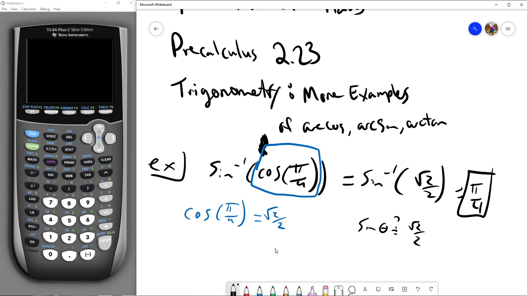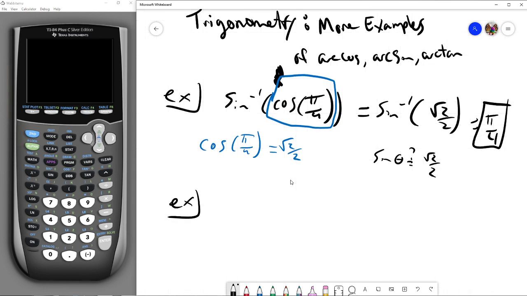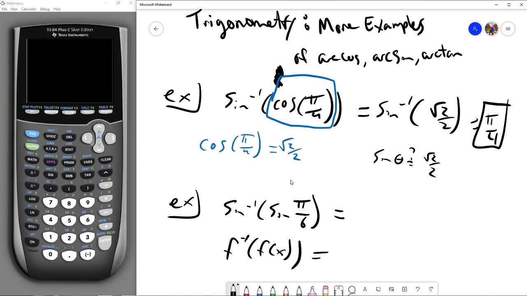More on that now. Suppose we had arcsine of sine of pi over 6. If you recall from before, we have a function inside the inverse function, which means by the properties of an inverse function, we should get out whatever x is. Remember that f of f inverse of x is also equal to x.